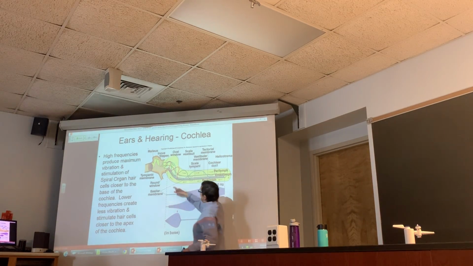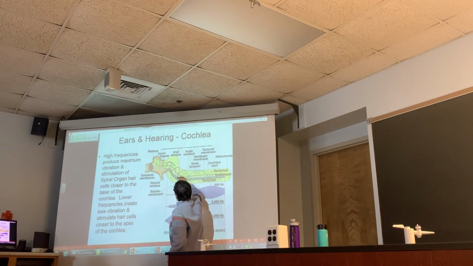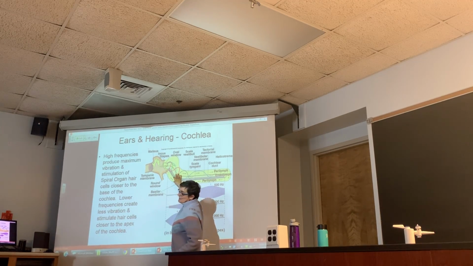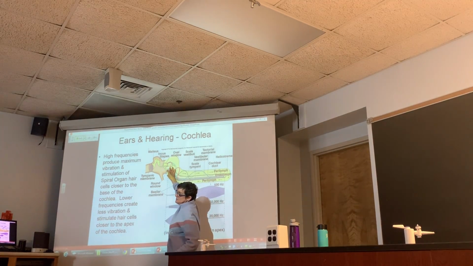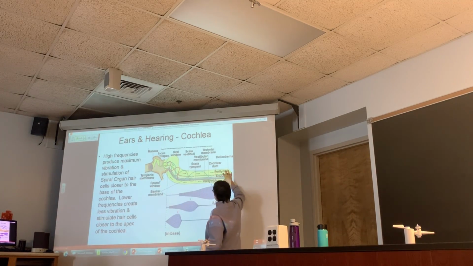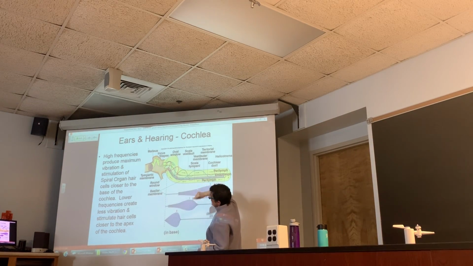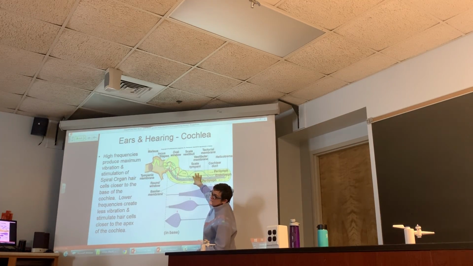Notice that the higher frequency sounds are picked up at the early part of the cochlea, so these cells respond to high-pitched sounds. The lowest pitched sounds are detected way down the line at the end of the curl. And middle pitched sounds are in the middle.